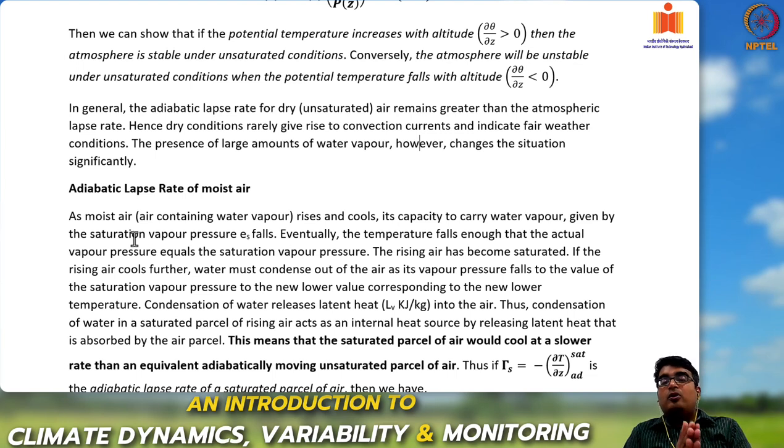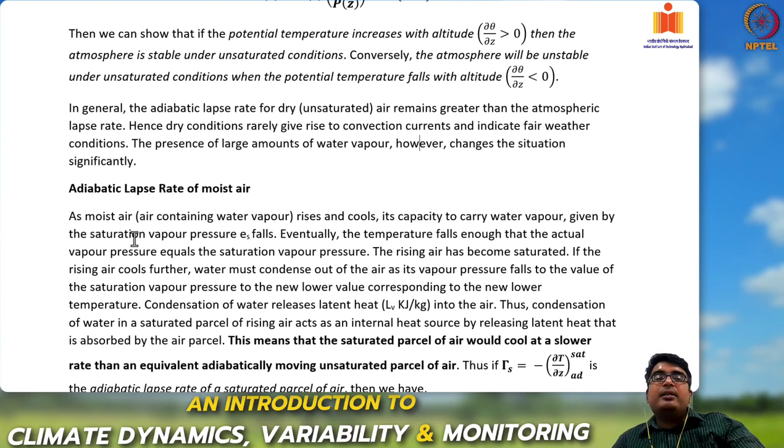So water, as it condenses, releases heat to air, that parcel of air rising up, and hence, because there is this internal heat addition due to the continuous condensation of water vapor into liquid water, you have an extra source of heat within this parcel of air that was not there for the dry air case. Because of this, the rate at which the temperature of that parcel of air falls as it rises up in altitude also decreases.